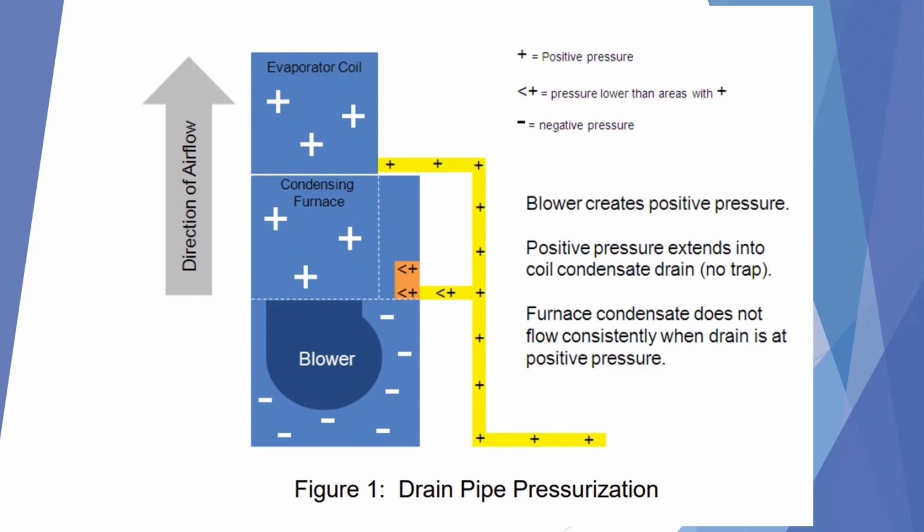This slide shows the positive pressure that is caused by the blower blowing through the furnace and the evaporator coil. Positive pressure is all throughout the furnace and the coil and extends into the condensate piping. If this is allowed to remain this way, this will hold the condensate in the furnace or the coil, and it will not drain correctly.